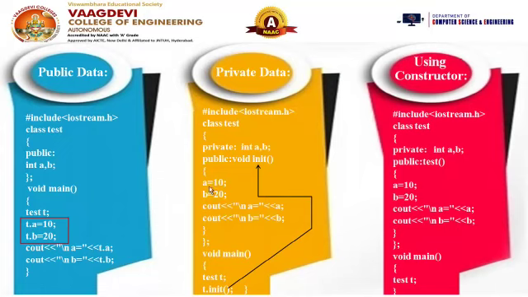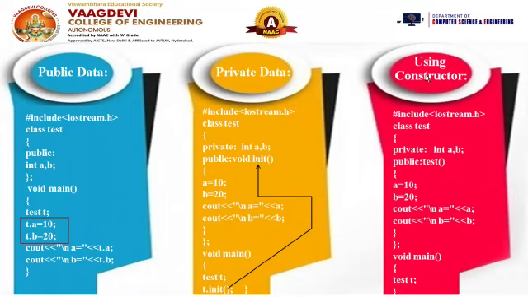Suppose this line is missed, then the init member function is not called. If it is not called, then the values are not initialized to the variables A and B. So, if we want to initialize data members without using a member function, it can be done by the constructor.